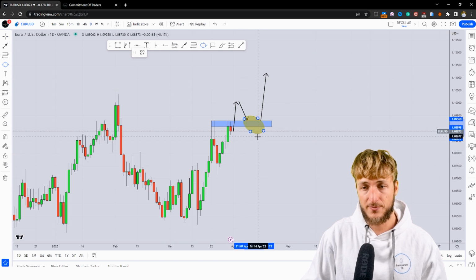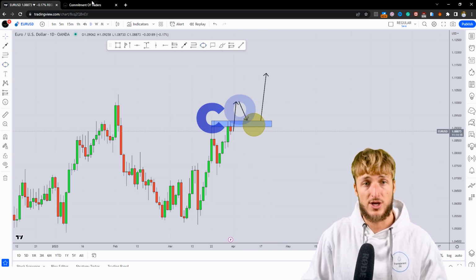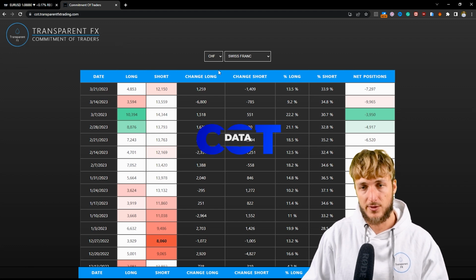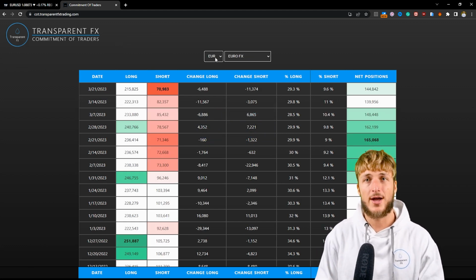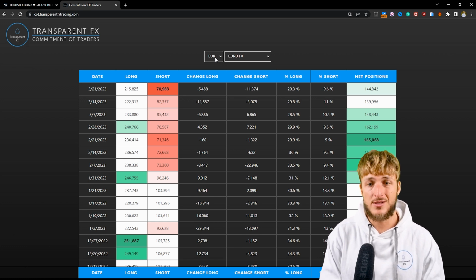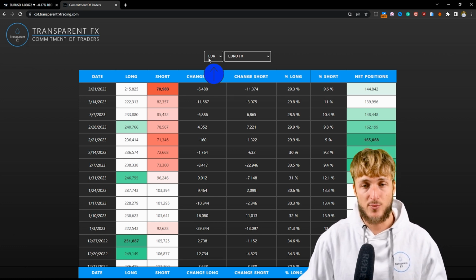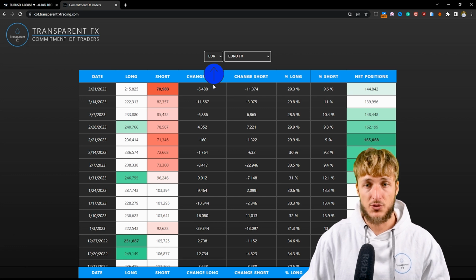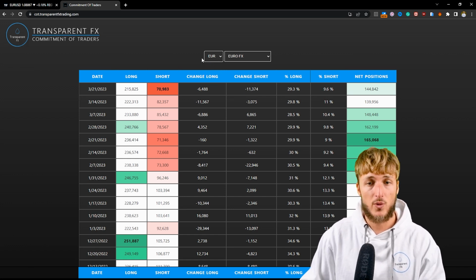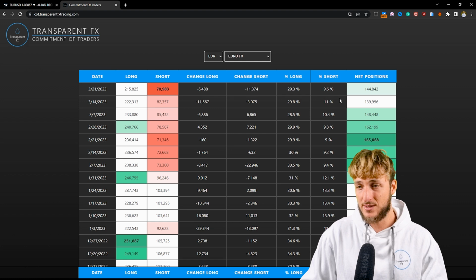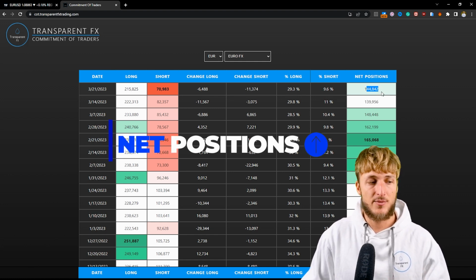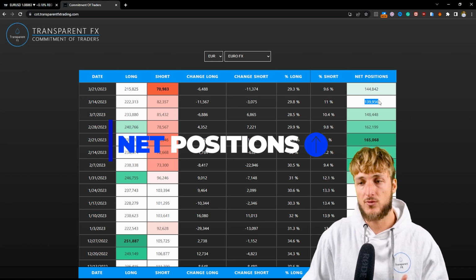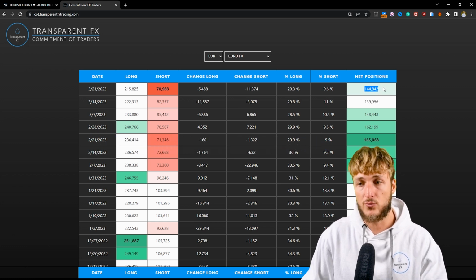Now, as usual, first, we have to check the commitment of traders. The first thing that we have to see is the euro, because if you're checking the euro, you're actually already checking EURUSD, because all currencies on the spot are traded against the USD. So if we're checking the data for the euro, we're actually already checking EURUSD. And what we can see is that with the last report, we already started seeing some increase in the net positions going from 139k to 144k.